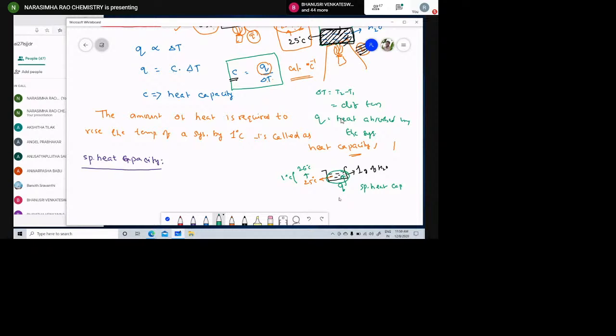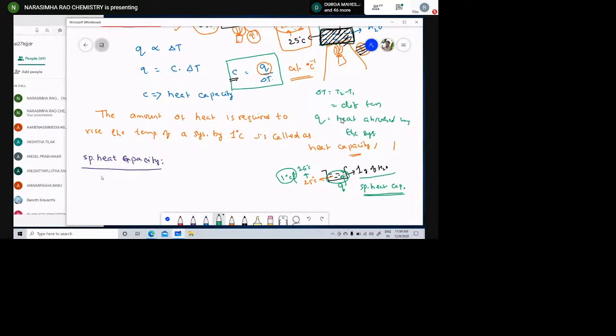Right, children. Specific heat capacity means the amount of heat required to raise the temperature of 1 gram of substance by 1 degree is called specific heat capacity.